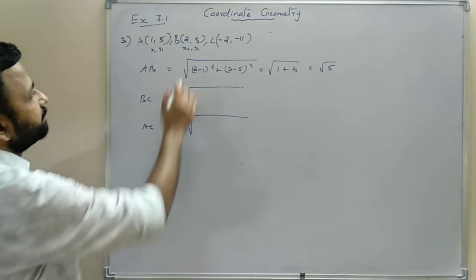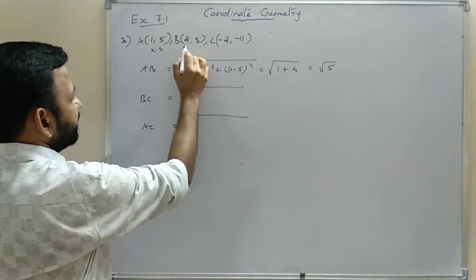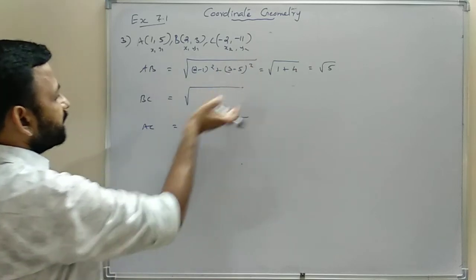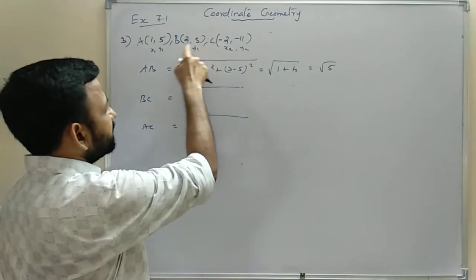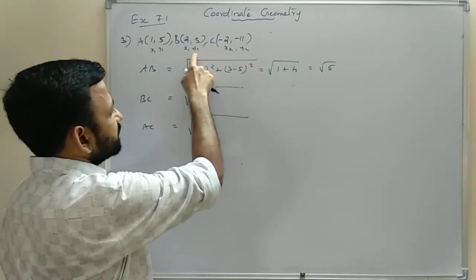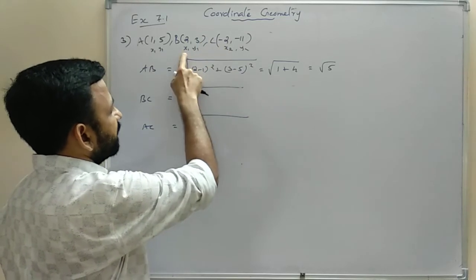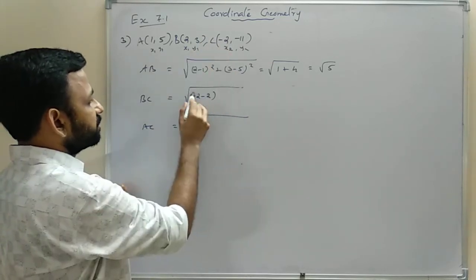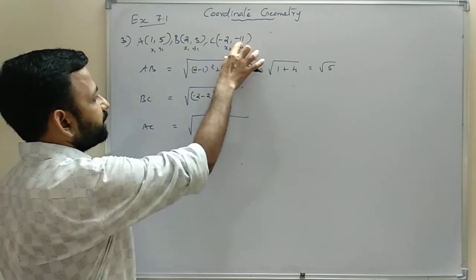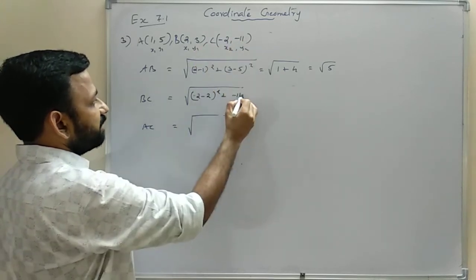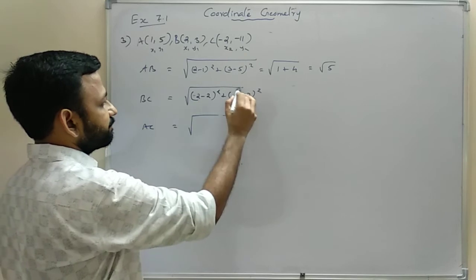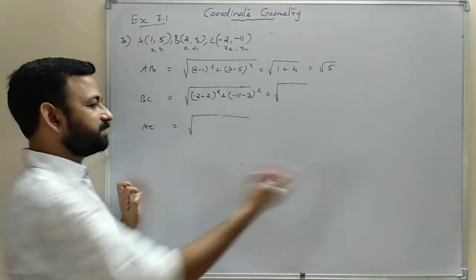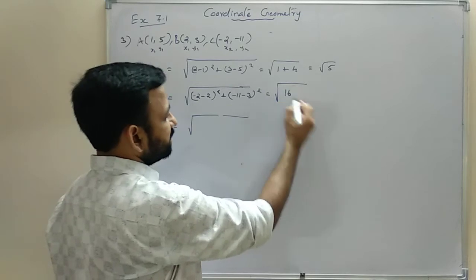And here BC, when we find BC, we take (x1, y1) and (x2, y2). Again the formula, the square root of (x2 minus x1) whole square plus (y2 minus y1) whole square. x2 minus x1 is minus 2 minus 2... that is minus 4, whose square is 16.